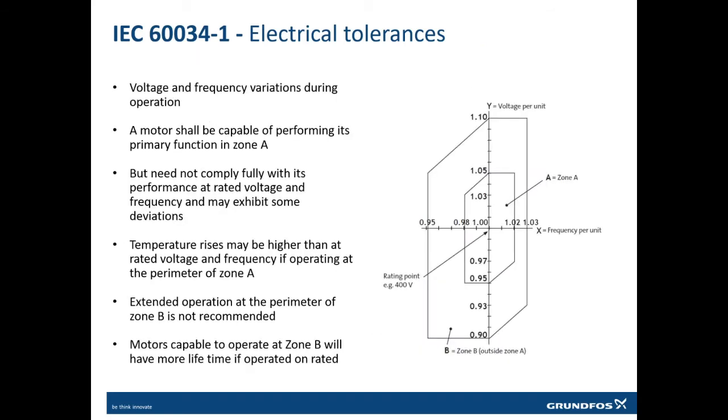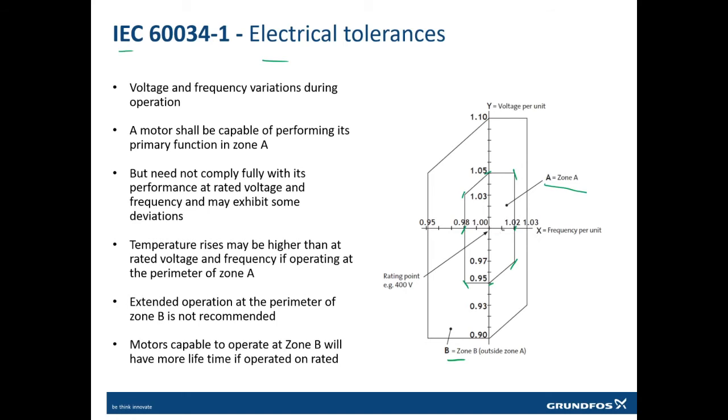Then the most important ones, the ones related to our day-to-day life with the motor, are electrical tolerances. For electrical tolerances, the IEC standard defines two zones, zone A and zone B. Zone A is the tight zone, or the small zone, in which you do not have the capacity for too much error.